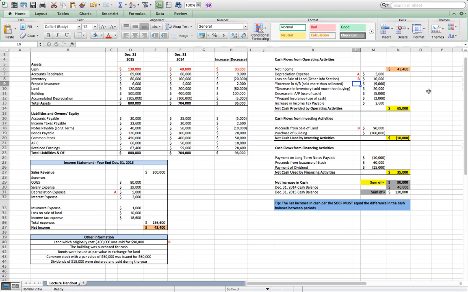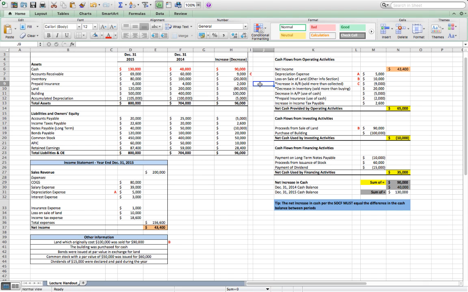And as a reminder, what we talked about in the first lecture for this chapter is that you have to assume that all sales are on credit for purposes of this class and the statement of cash flows. So, in this example, we sold more than we collected on credit, and that's because we're assuming that all sales were on credit.